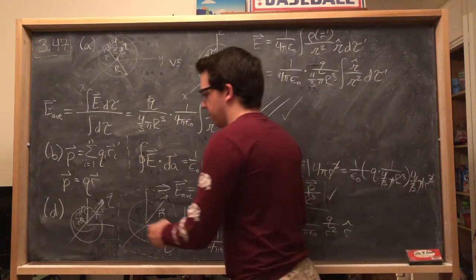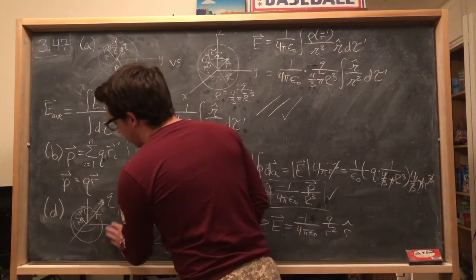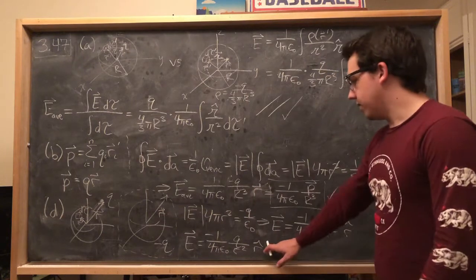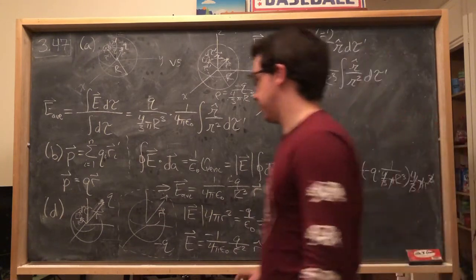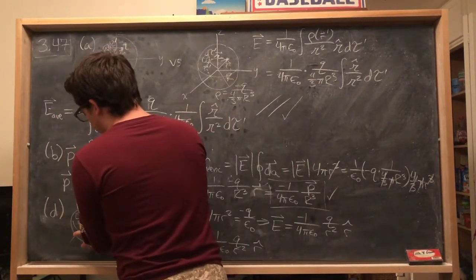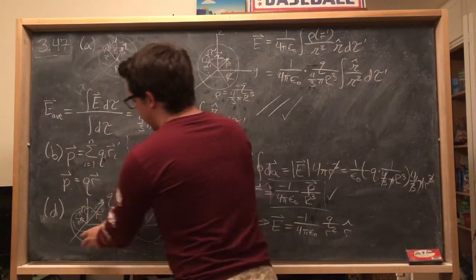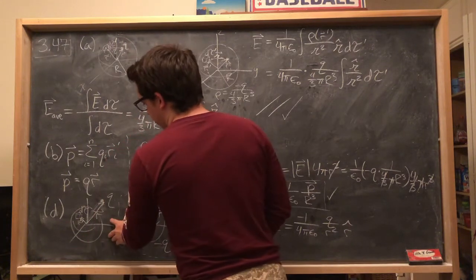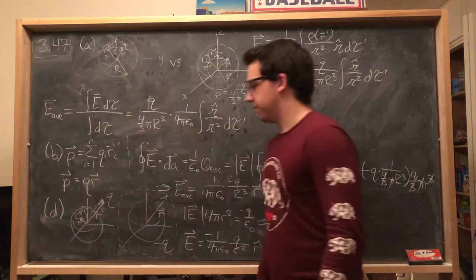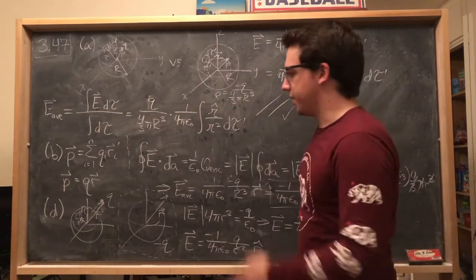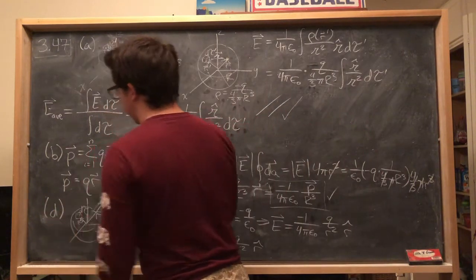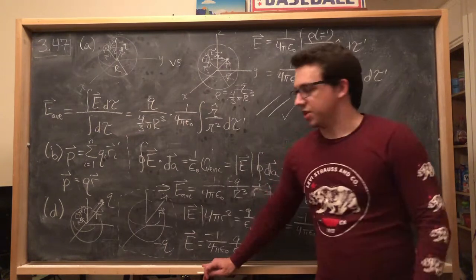That is, we could put any collection of charges we want outside of the sphere, and the fact that the average electric field over the sphere caused by that charge distribution is the same as the electric field at the origin from that charge distribution will still hold up just because of superposition. And so we can create any charge distribution we want outside of that sphere, and that equality will still hold up.